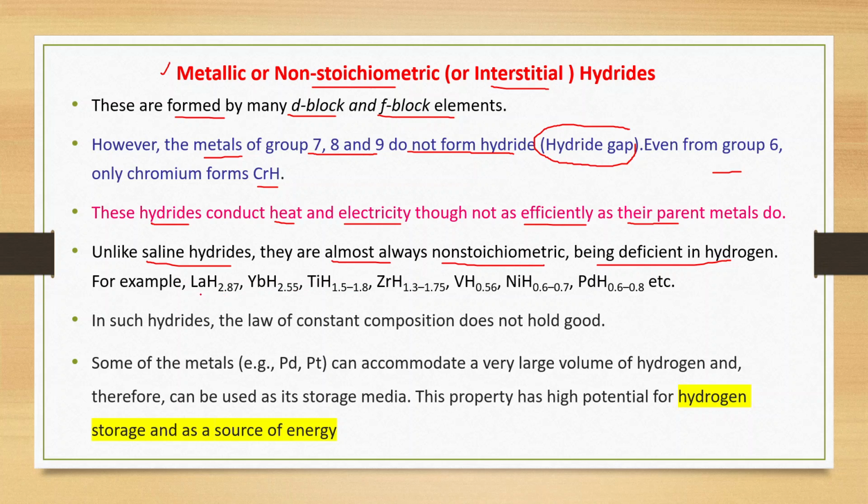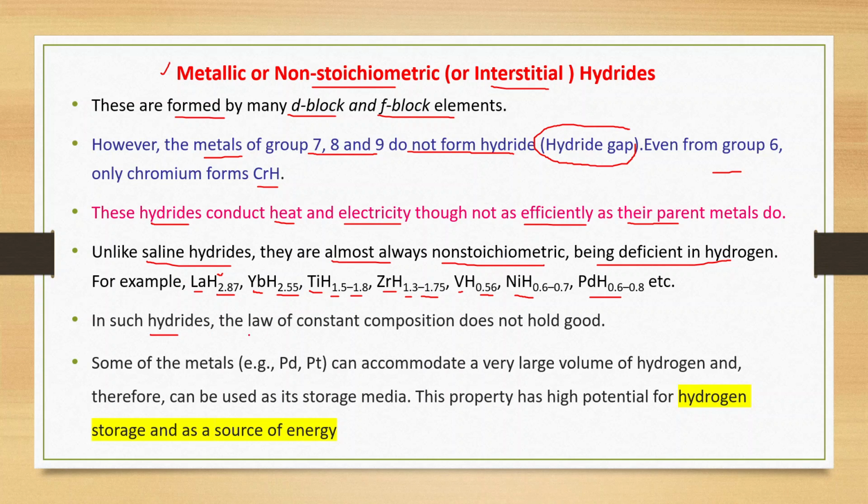For example, LaH2.87. This is not a fixed composition and not in a simple ratio. YbH2.55, TiH1.5 to 1.8. ZrH, in this case H may be 1.3 to 1.75. Vanadium hydride may be VH0.56. So these are non-stoichiometric hydrides.